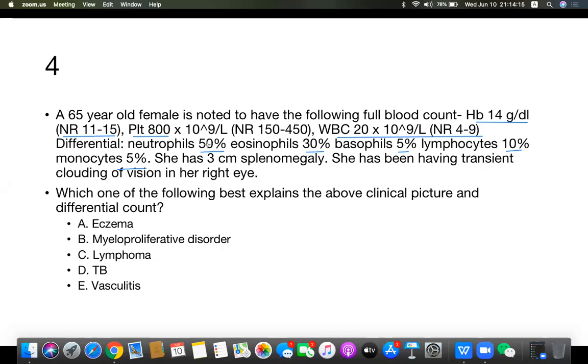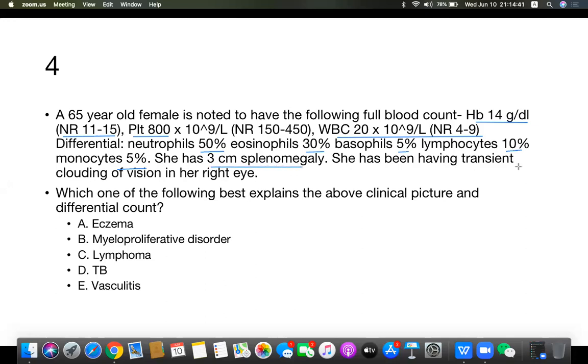It's mainly a myeloid series. Neutrophil, eosinophil, basophil, and monocyte all belong to the myeloid series. Only lymphocyte is 10%, all others are 90%. This is an important clue I'm giving you. And there is splenomegaly of 3 centimeters.